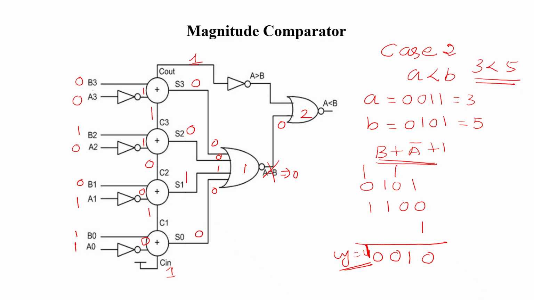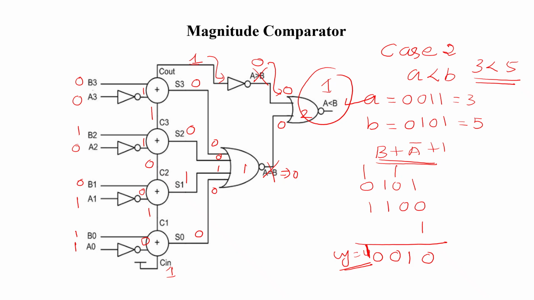So C out is 1, this 1 is connected to the inverter input. After complement you will get the value 0. So in this case A is greater than B is also false. This 0 is given to the second OR gate input, 0, 0. The output of the NOR gate is 1. So here A less than B. In this case the result is A less than B.